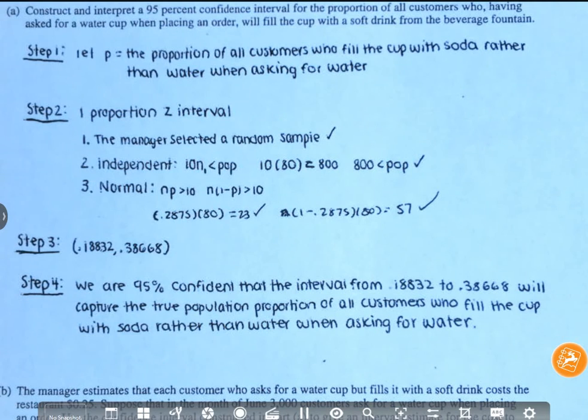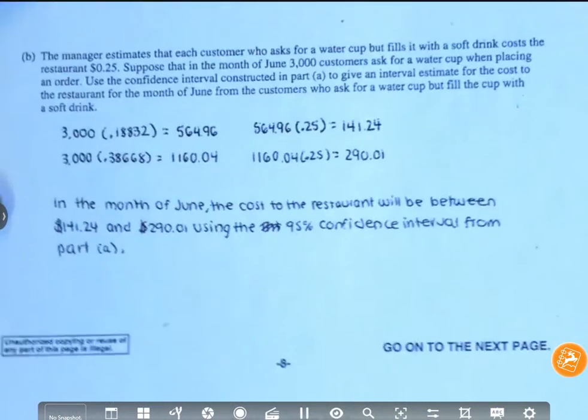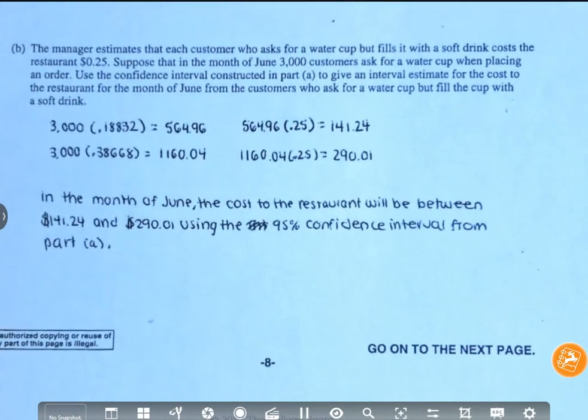This is their first piece. Get the general idea of what they have here? Yeah? Okay, and then this is their answer to the final portion.